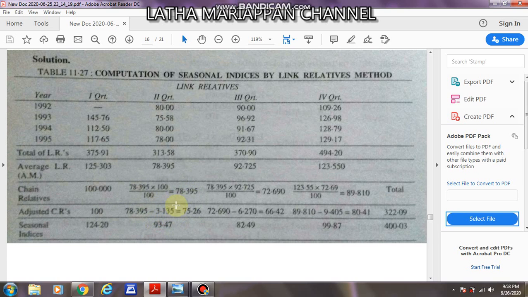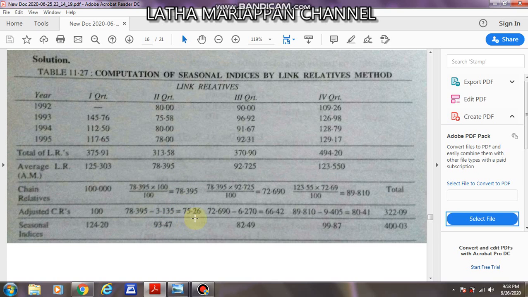How do we get 3.135? Take the first quarter link relative, multiply with CR divided by 100, and subtract that value from 100. For example, 12.54 divided by 4 quarters, you will get 3.135. So all values you got in the chain relative, you have to subtract 3.135.